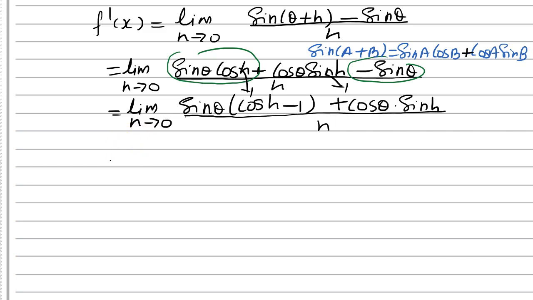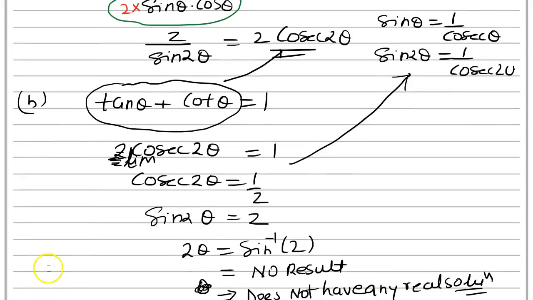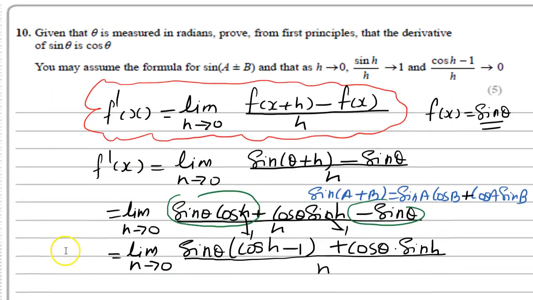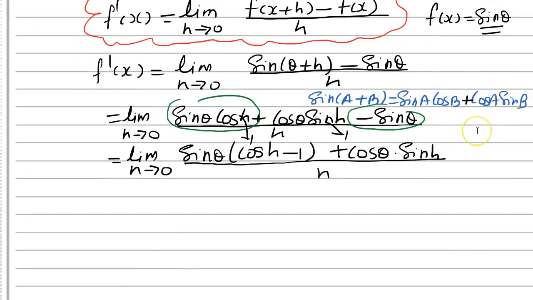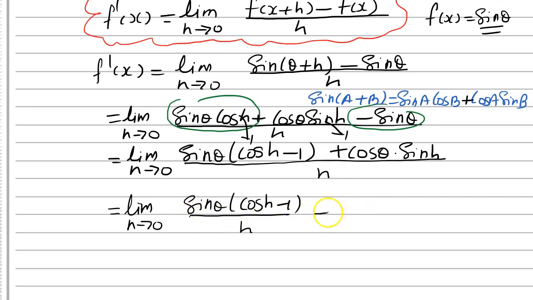So this we can further write. So there is some problem, 1 minute. So yes, here we write down limit h tending to 0, sine theta cos h minus 1 divided by h. We are just separating these two terms, and limit h tending to 0, cos theta sine h divided by h here.